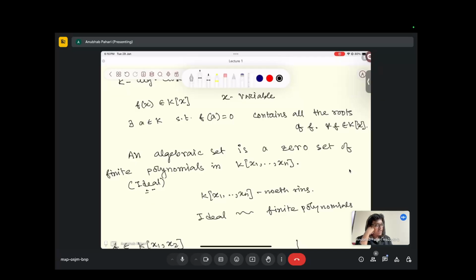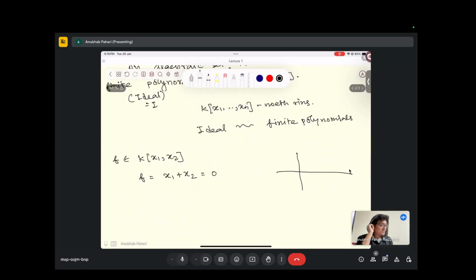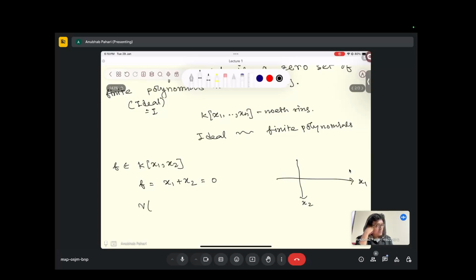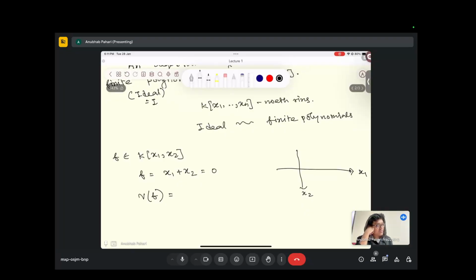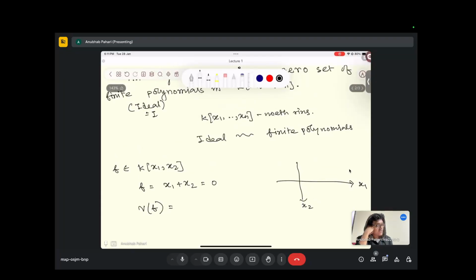If my ideal is I, I should denote this as V(I) or Z(I). I think V(I) is standard. So this is my x1, this is my x2. So V(f), how would it look? That means the zero set of this polynomial, and we know that, think of x1 plus x2, it should be the line x1 minus x2.